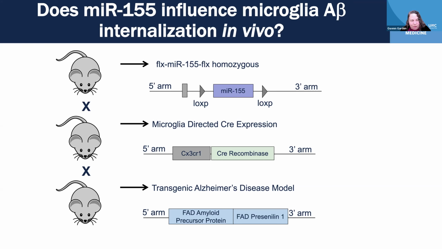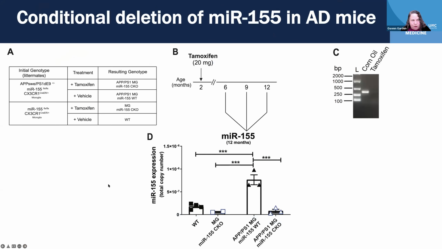And so we decided that we would see what happened when we removed miR-155 from microglia. And what we did in this experiment is shown here. These are all of our different lines in our treatment groups. And we gave the tamoxifen to remove miR-155 at 2 months of age. And then we looked at the mice at 6, 9, and 12 months. And you can see here that when we gave the tamoxifen, miR-155 expression was lost.